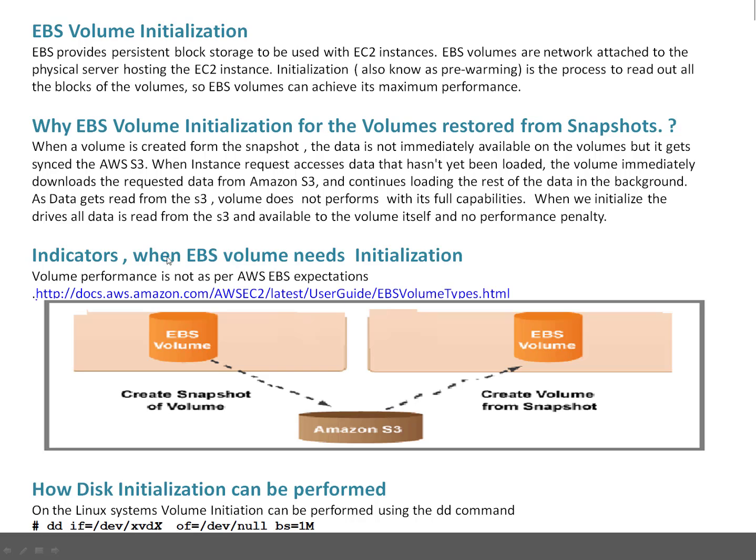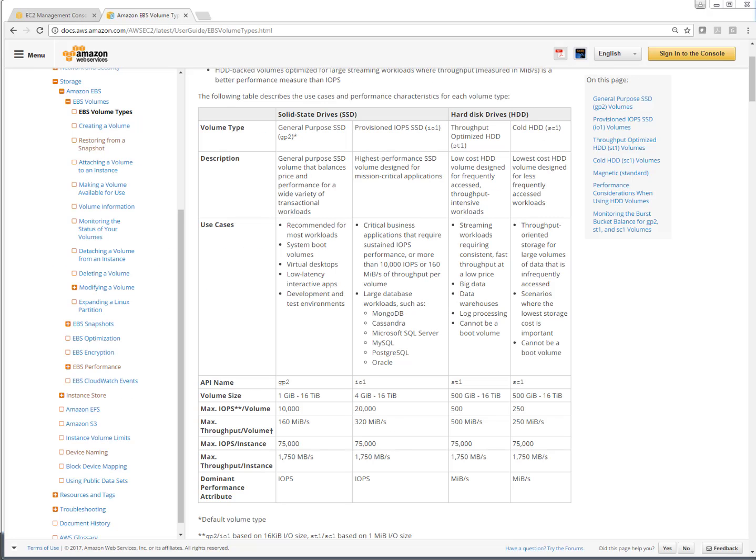Next thing, what are the indicators when an EBS volume needs initialization? The main indicator, let's say you have created or restored a volume from snapshot and it is not performing as per the Amazon EBS recommended speeds or the expected speed as per the Amazon documentation. Let me bring up this page so I can give you an idea. You can see on my screen that for GP2 the expected speed is 160 MB per second, for IO1 max you will get 320, for ST1 500, and for SC1 250 MB per second.